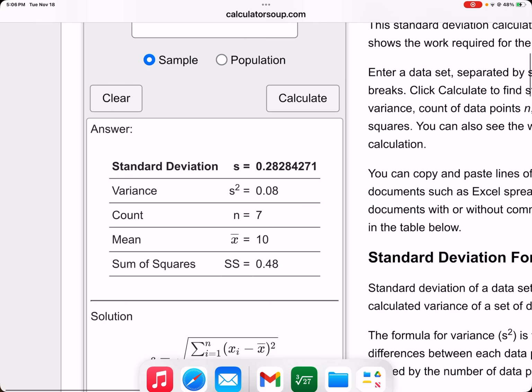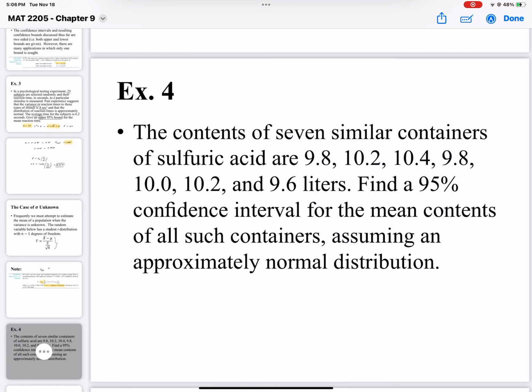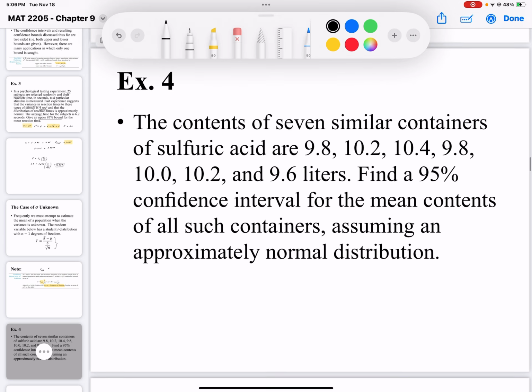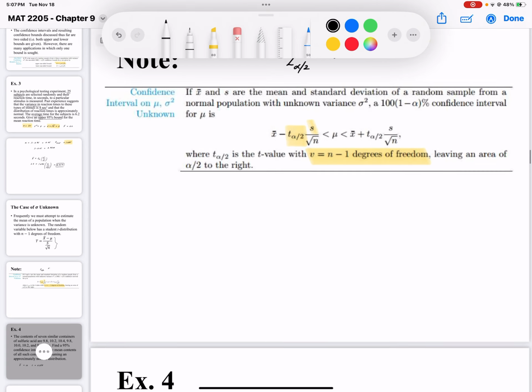Hopefully your calculator gave you those same exact values. All right, so our sample mean is 10, and our sample standard deviation is 0.283.